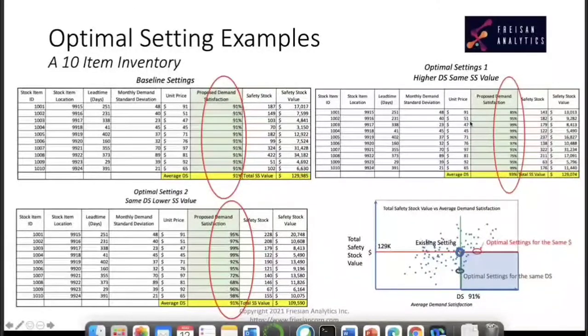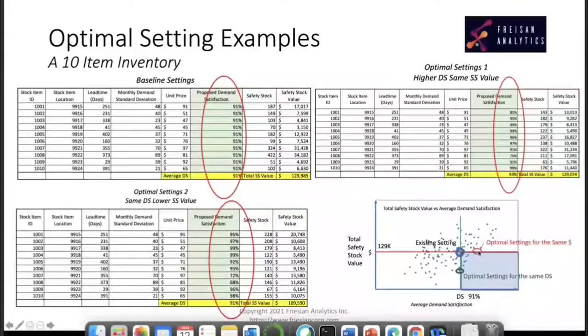Then on the right side, we have a different DS for each item. Instead of assigning a universal single value, we do it intelligently, right? By doing that, we maintain the same safety stock value, which is 129K, but our average DS increased to 93. This situation is represented by this red circle here.